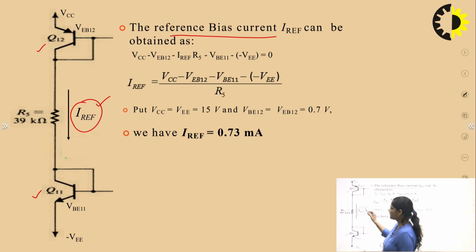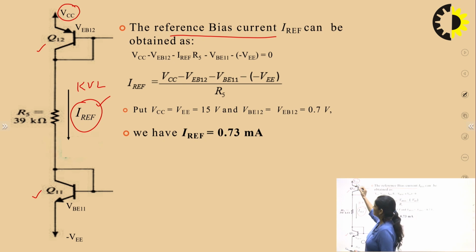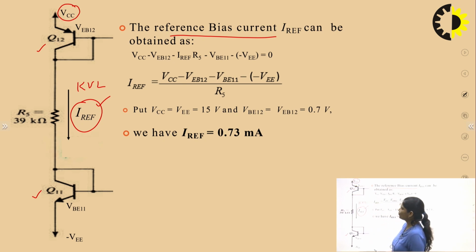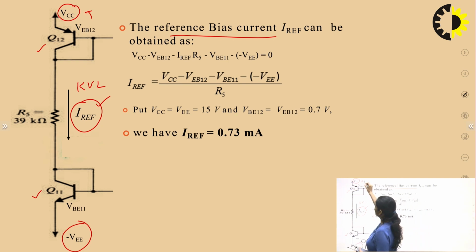Now this is the circuit diagram. We have to apply here KVL. When we are applying here KVL, you can see the emitter of this Q12 is connected to VCC, and here is ground. VCC is plus 15 volt and VEE is minus 15 volt. Now apply here KVL.